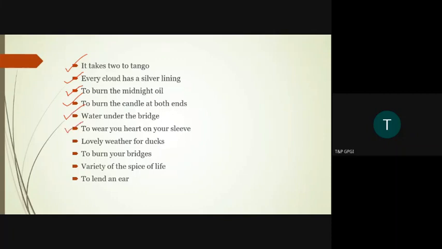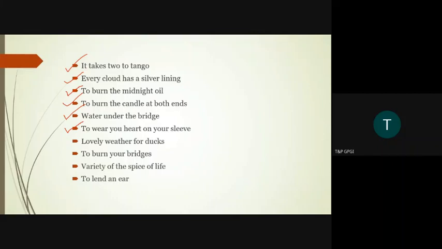Okay, so moving on, the next one is lovely weather for ducks. I'll tell you what it means. It sounds funny, but it's a humorous phrase for very wet or very rainy weather. So if you don't like rainy season, then this is for you.